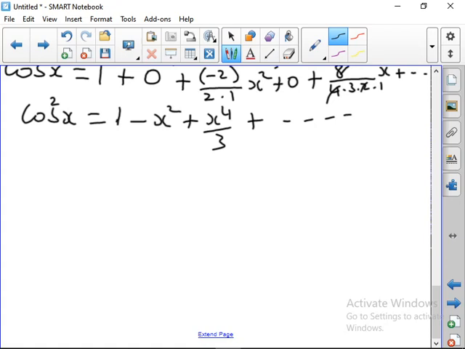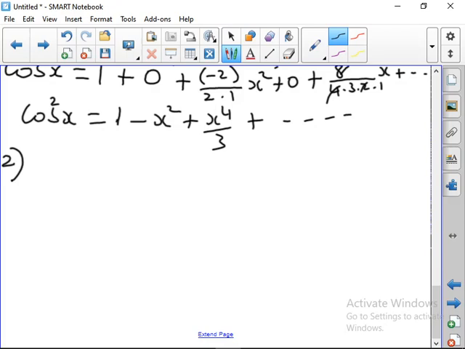Now we will go to the second question, that is the Taylor series. Second question: write down the Taylor series expansion of the function log x about x is equal to 1 up to 3 non-zero terms for x greater than 0.